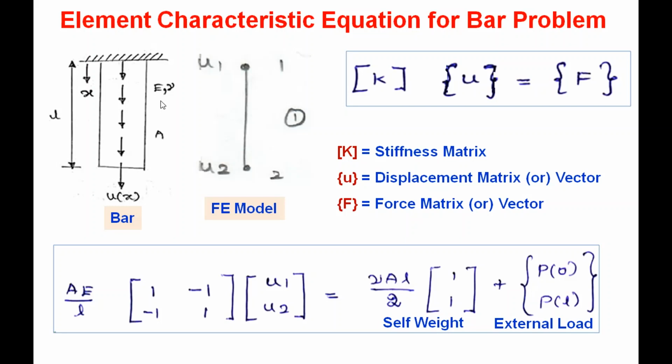Already in the previous part we discussed how to derive the element characteristic equation for a bar problem using the one-dimensional element. The major assumption made in this derivation is that, if you want to use the one-dimensional line element, the cross section of the structural member should be uniform. Then only can we use this line element.